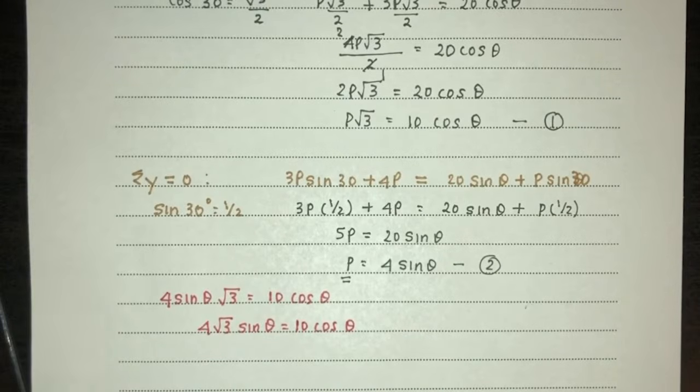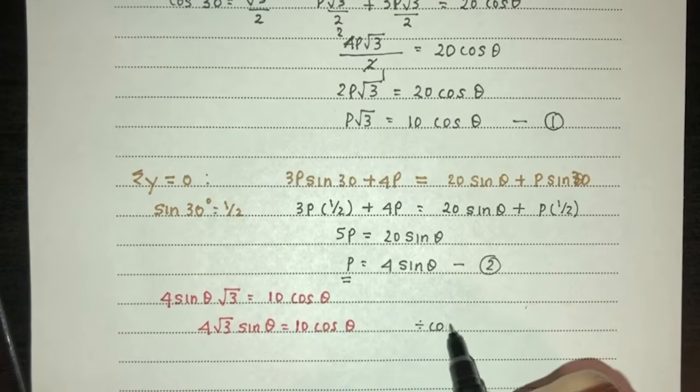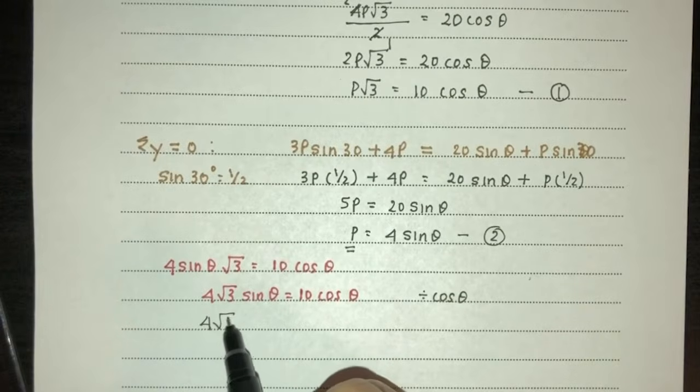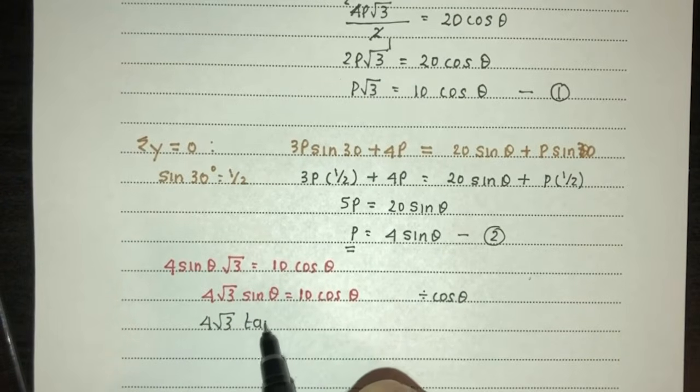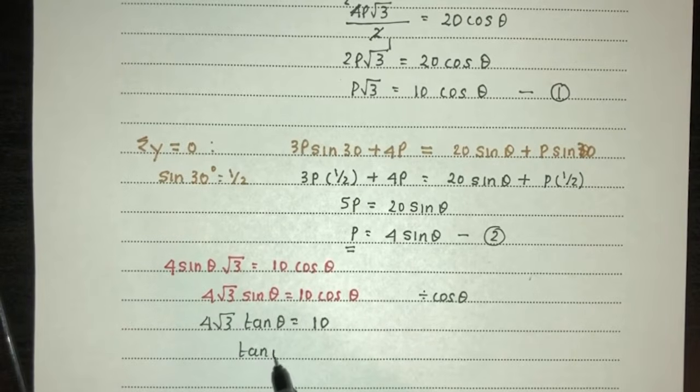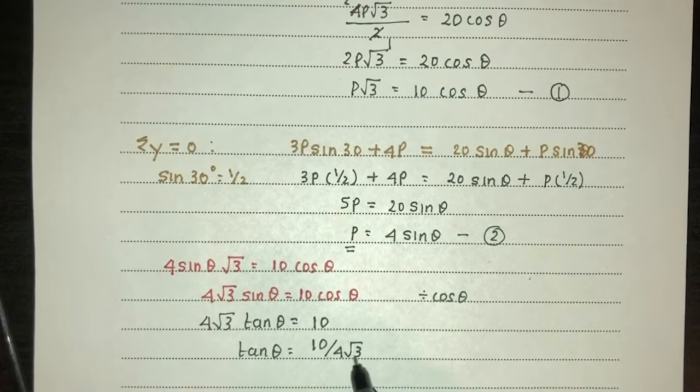Now when you're solving an equation like this, when you have sine and cos in the same equation, you have to divide by cos theta. So you will have 4 root 3, that will become tan, because sine divided by cos is tan. So tan theta is equal to 10 divided by 4 root 3.